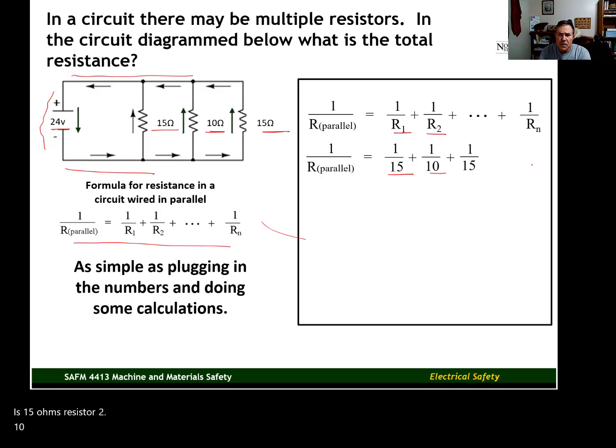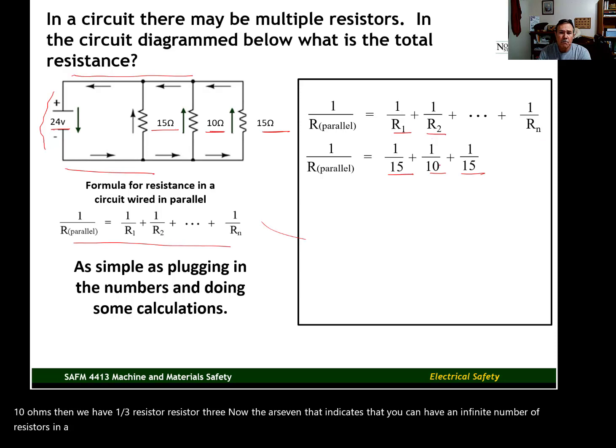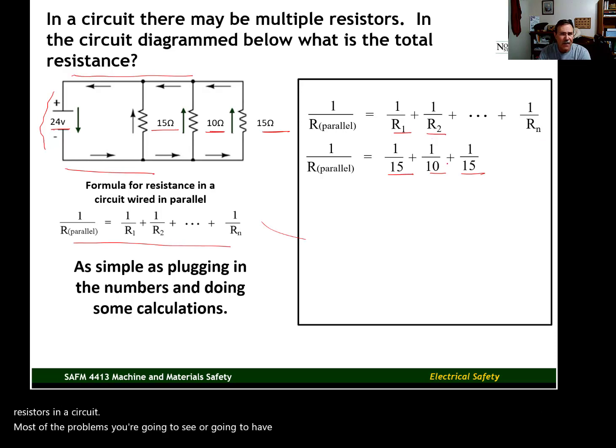Then we have a third resistor, resistor 3. Now the R sub n indicates that you can have an infinite number of resistors in a circuit. Most of the problems you're going to see are going to have 3, 4, maybe 5 tops as far as the number of resistors. This is a very representative example that I'm giving you.